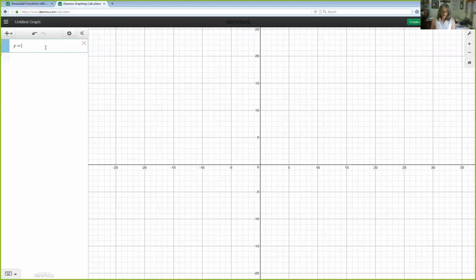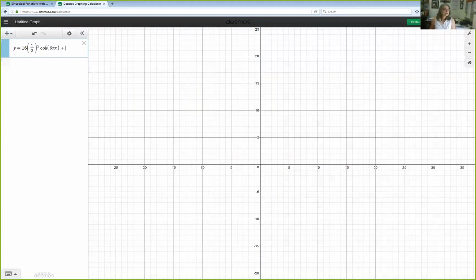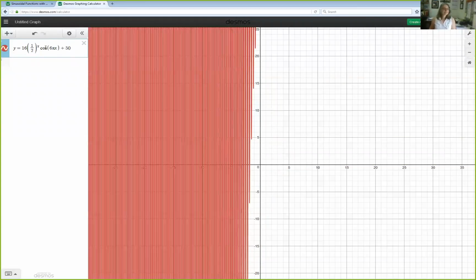So y equals 16 times 1/2 to the x power, times the cosine of 6 pi x, plus 50.